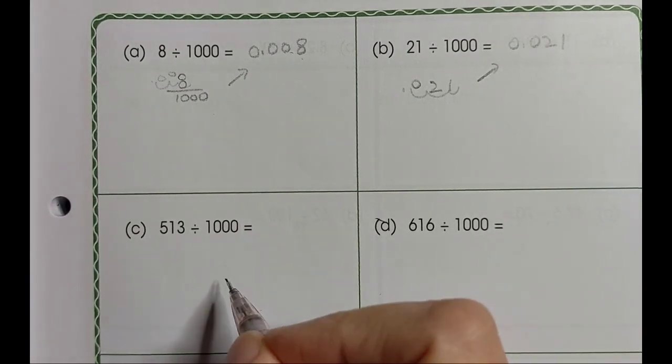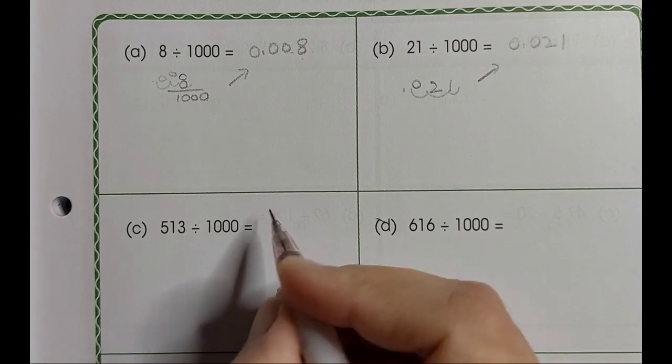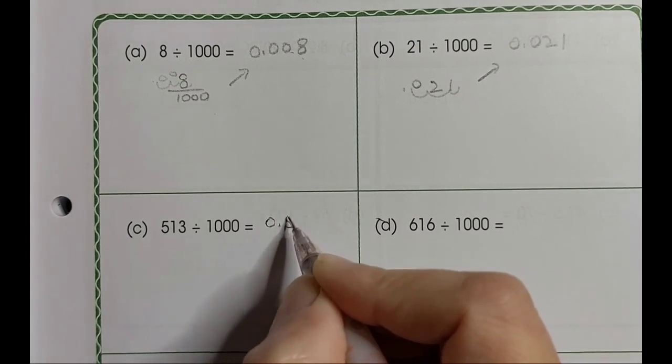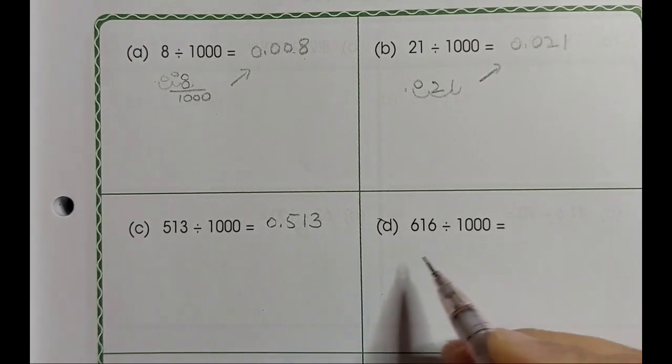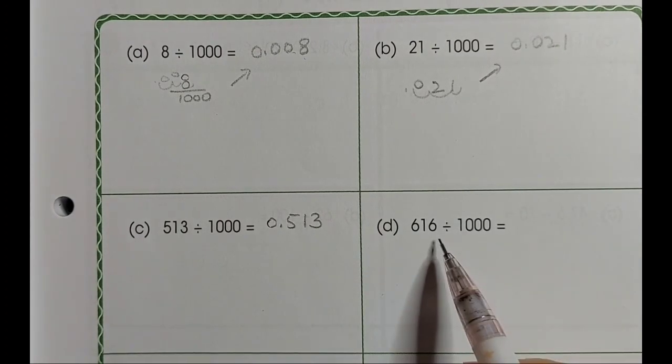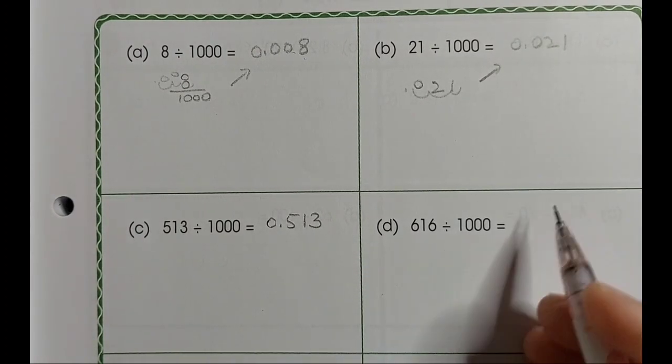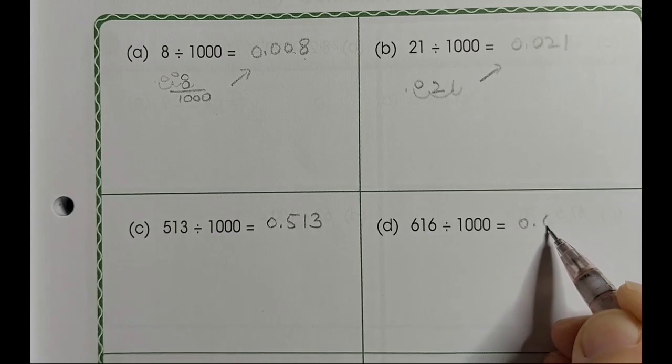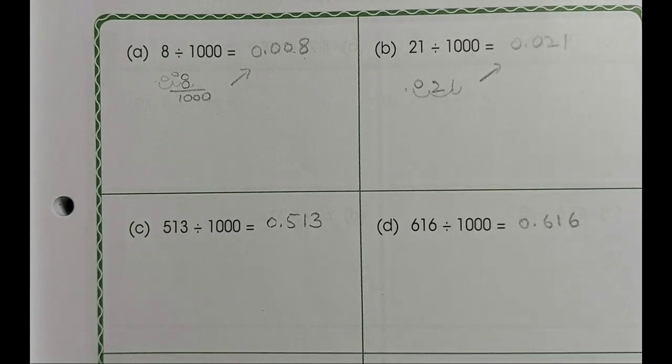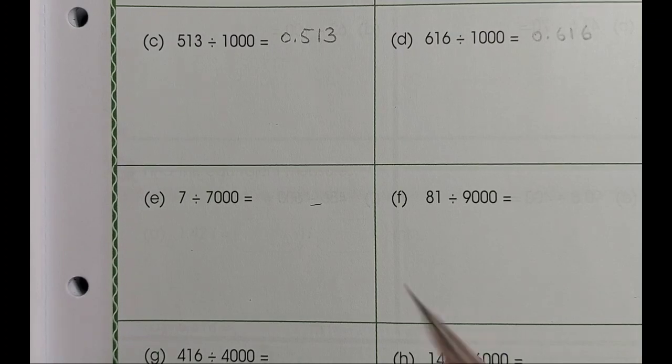So how many decimal places do we have to shift? 3 decimal places. It will become 0.513. Part D is 616 divided by 1000. 3 decimal places, 0.616.